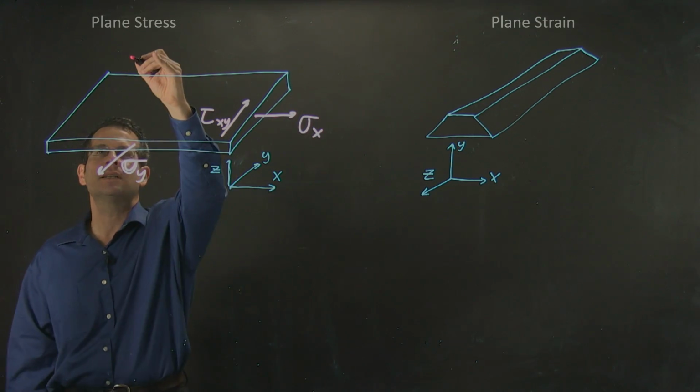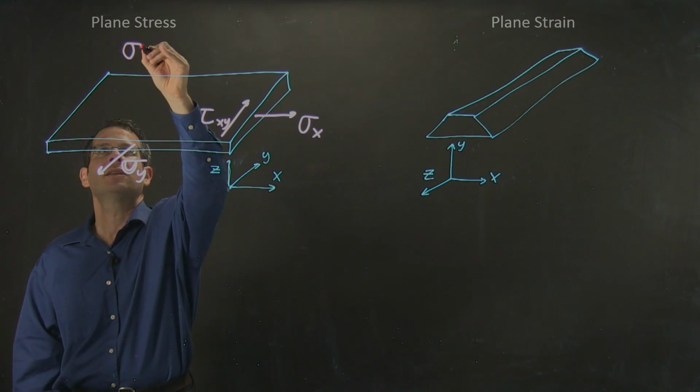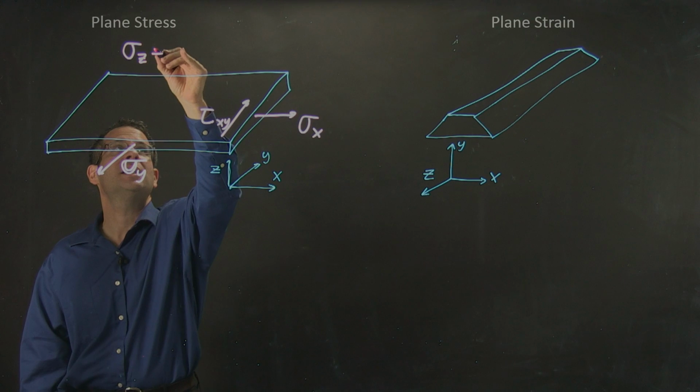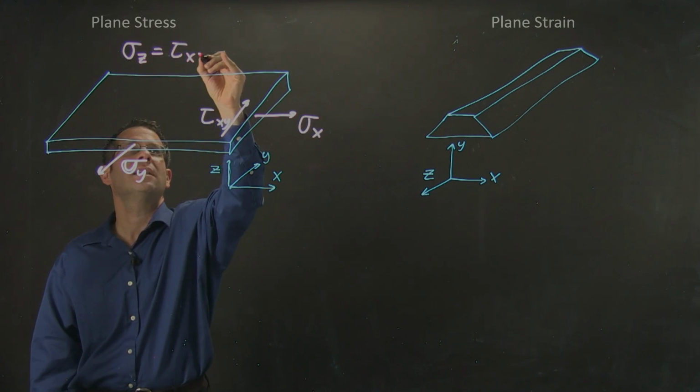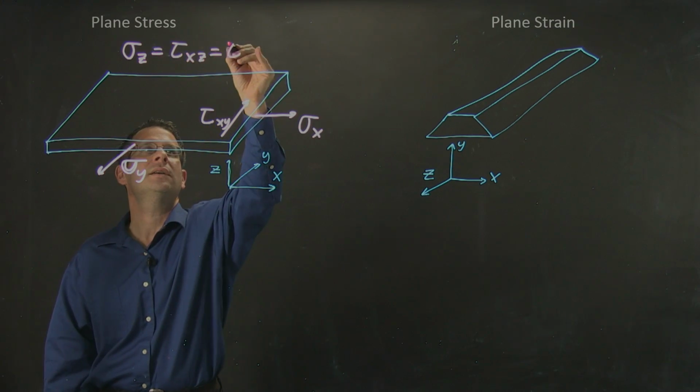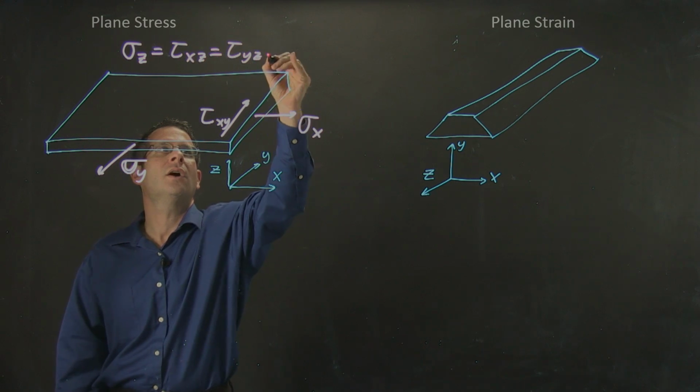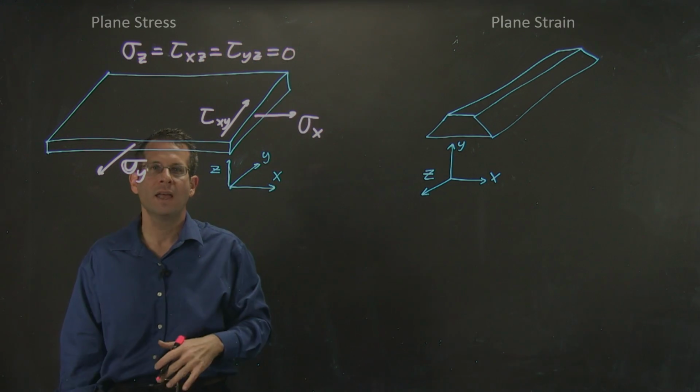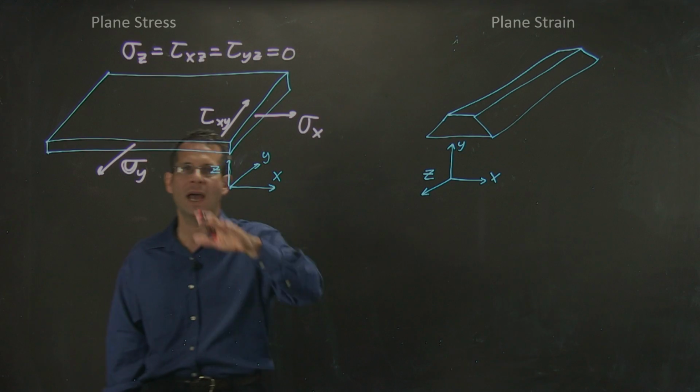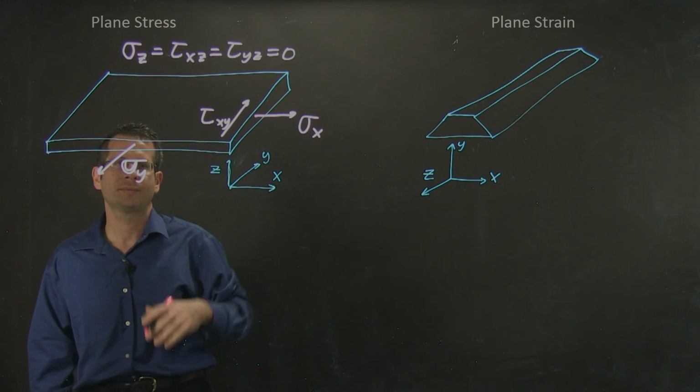That is to say that the stress in the z direction and shear stresses that include a z component are all equal to 0. This is referred to as plane stress.